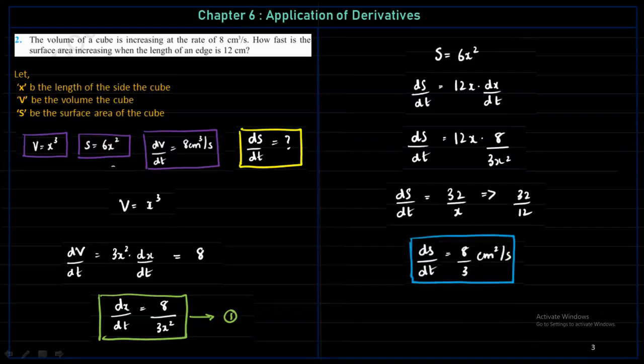So it is going to be 8 over 3. Since it is surface area, it is going to be centimeters squared per second. Okay, so for surface it is centimeters squared, and for time it is seconds. Okay, let me go to the next question.